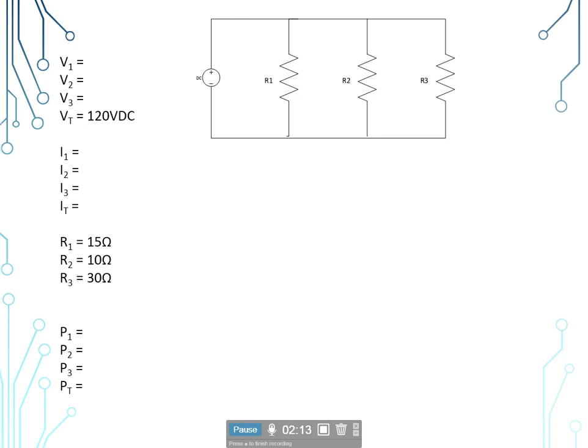But if we used it, we'd have to do R sub 1 times R sub 2 divided by, open your parenthesis, R sub 1 plus R sub 2, and then that answer would become R sub 1 slash 2, and we'd have to do another product over sum, R sub 1 slash 2 times R sub 3 divided by, open your parenthesis, R sub 1 slash 2 plus R sub 3 to get our total resistance.